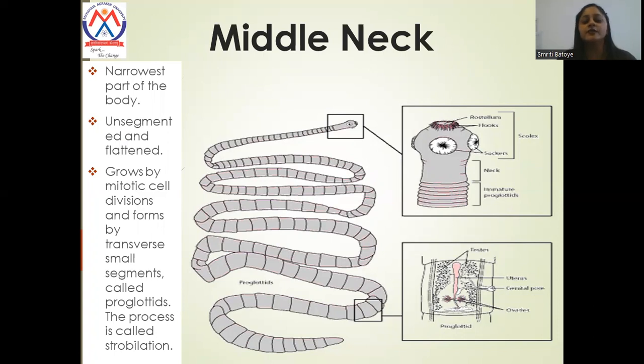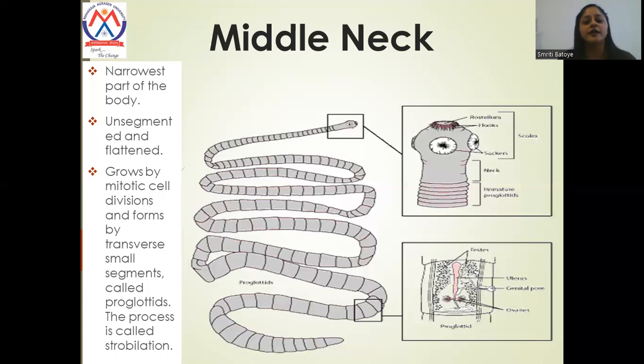They are divided into 3 regions on the basis of their different structures. The first-most are the immature proglottids, approximately 200 in number, and they are known as immature as they do not contain developed sex organs. Actually, in these proglottids, the sex organs are in the process of development. They are not fully developed.